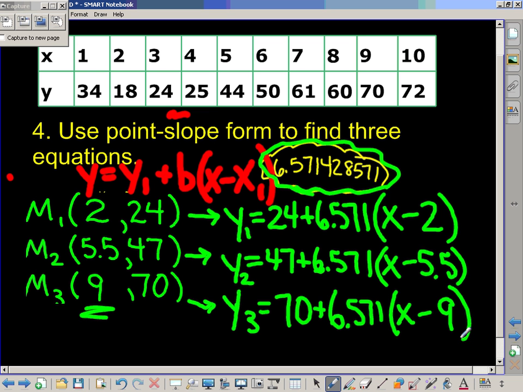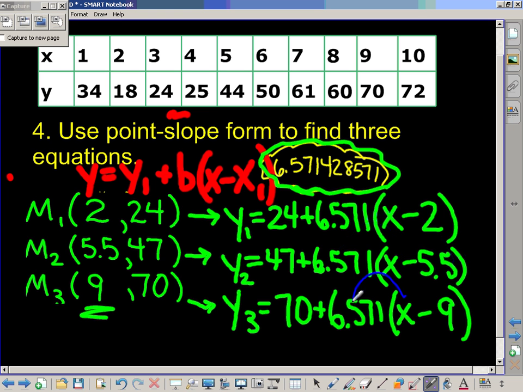So we used point-slope form to find 3 equations. Next, we're going to average those 3 equations. Actually, we're going to expand them all and distribute the 6.571. You've seen me do this before, I hope. Distribute that 6.571 and then combine like terms with 24 and the number that you get. Do the same in equation 2 with the constant on the end and the 47.